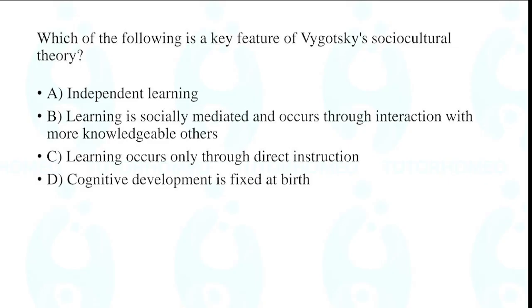This theory emphasizes the importance of social interaction. When we interact socially, particularly with individuals who have higher knowledge and skills, we get to learn more, right? That is why the answer is B. Learning is socially mediated and occurs through interaction with more knowledgeable others. That is what we have in Vygotsky's socio-cultural theory.